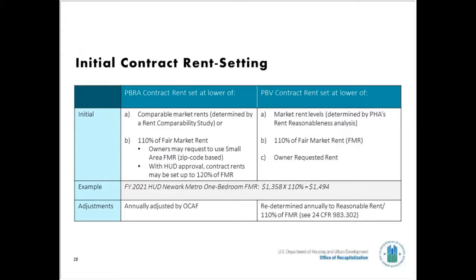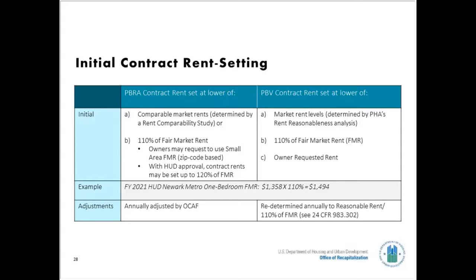A PBRA contract rent setting will be the lesser of either the comparable market rents, which will be determined by a rent comparability study, you'll have to hire a vendor to do a rent comparability study, or 110% of fair market rent.